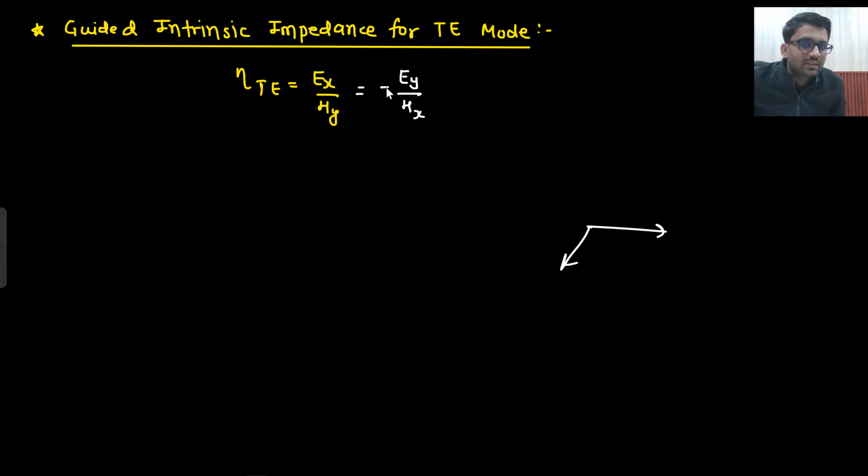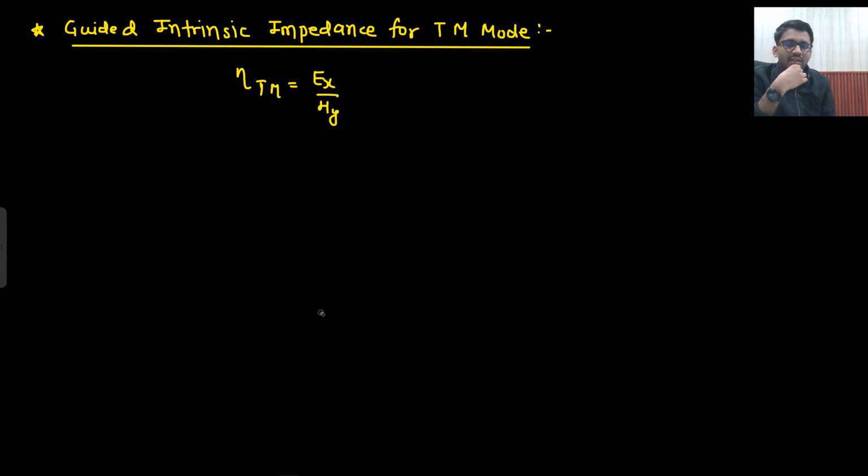In minus x direction. Say yes or no. Are you getting this point? Same goes for TM as well. So Ex by Hy, if your electric field is in x direction, then the magnetic field will be in y direction. Or if your electric field is in y direction, then your magnetic field will be in minus x direction. So minus sign I have put here.